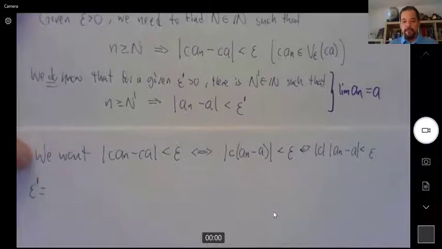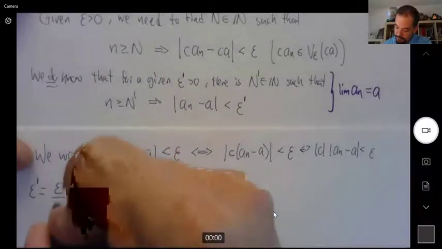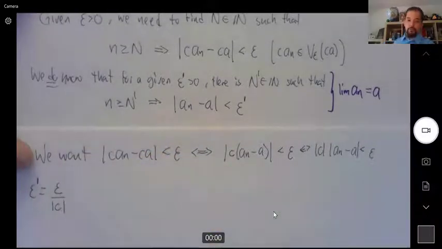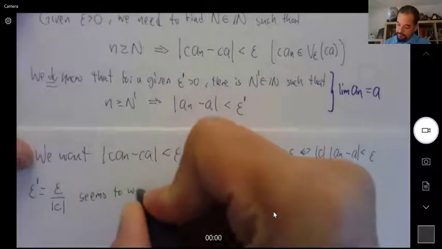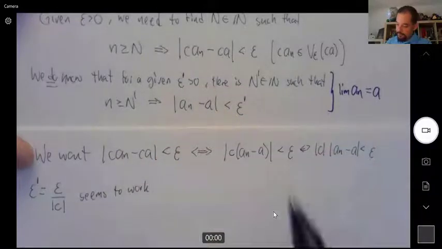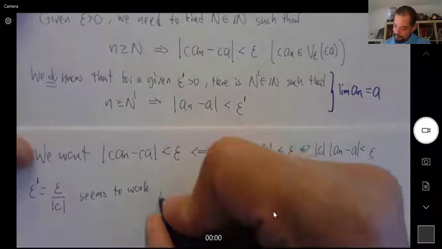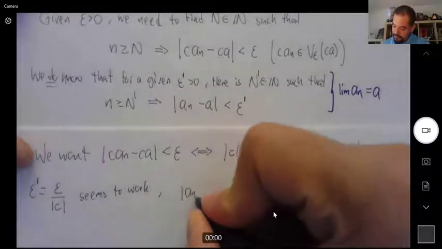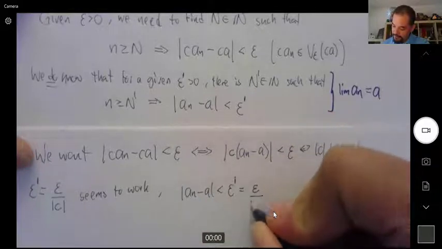But let's forget about that for a moment. Let's suppose that C is not 0. So it seems like epsilon divided by the absolute value of C should work, right? Because then if you put it in here, it seems to work. If I start with that one here and simply multiply, it would be like this. Epsilon prime, but we're saying epsilon prime is going to be this one.